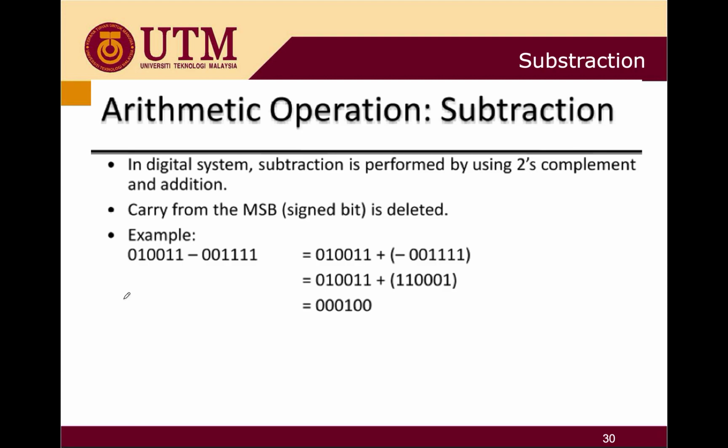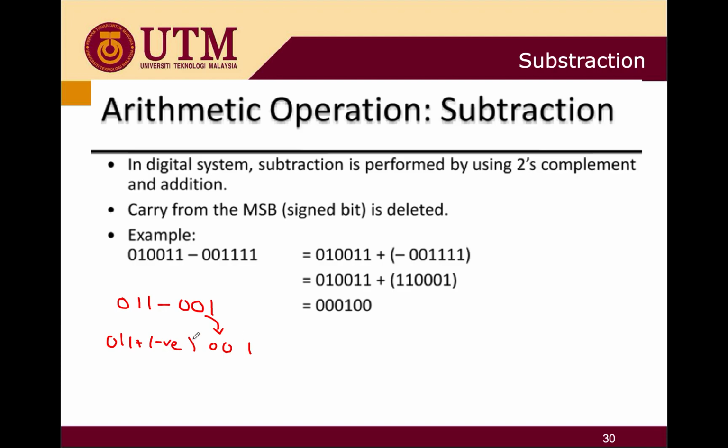Let's say you have 0, 1, 1, you need to minus 0, 0, 1. So maybe like this. What happened? You cannot do this. 0, 1, 1, you add negative. This one is, let's say, 0, 0, 1.